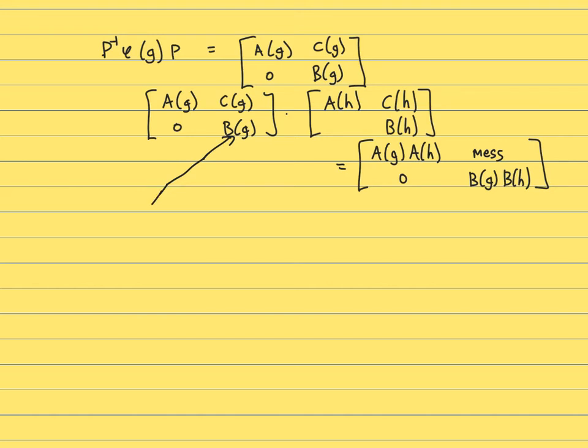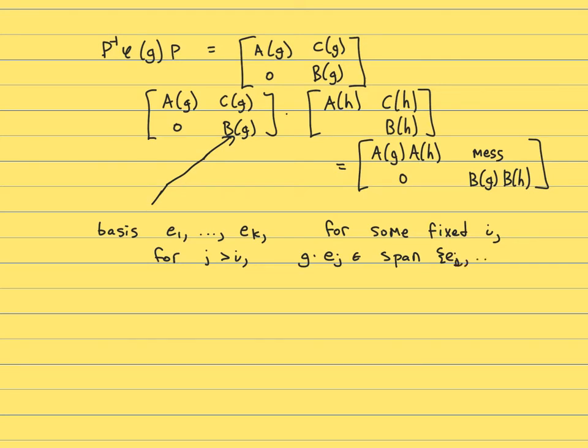Well, you would have needed to find a basis, E1 through EK, with the feature that for the last several rows, you fix some I, and then for j greater than I, G dot EJ ends up staying in the span of what's left over. That's telling you that these rows end up being here and that this stays zeros.